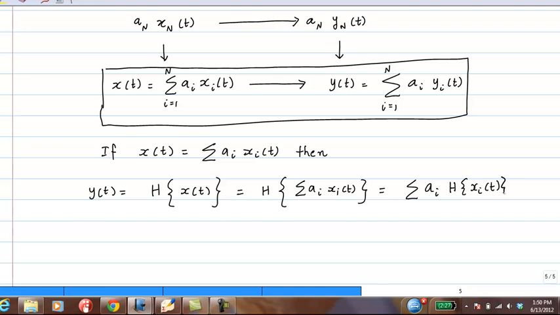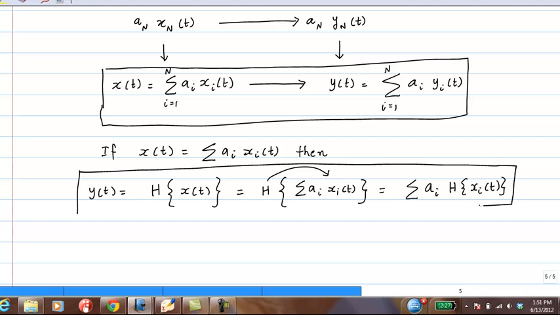So notice that I can move the h inside the summation.